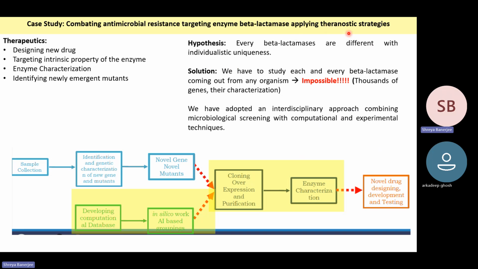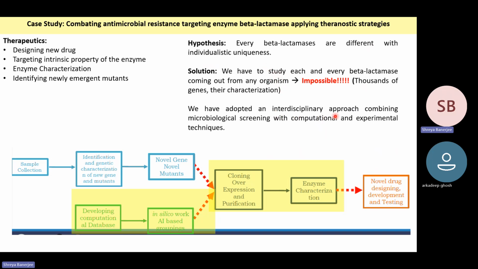involving beta-lactamases. So basically, the hypothesis is that every beta-lactamase has individual properties. So does this mean we have to study each and every beta-lactamase from any organism? That is not possible because there are thousands of genes, thousands of organisms, and so many beta-lactamases cannot be individually studied.